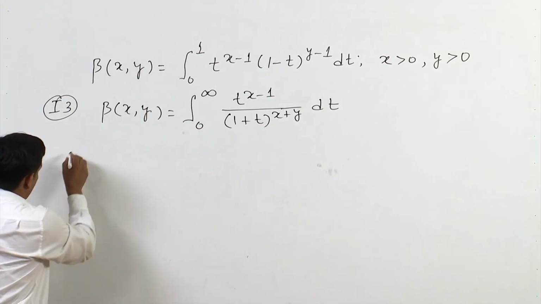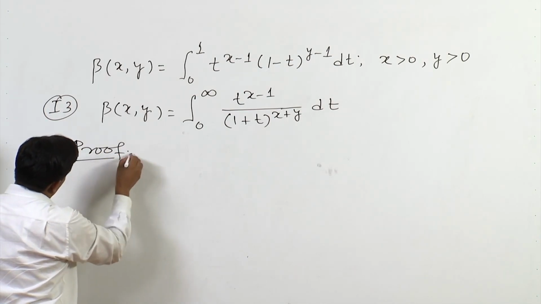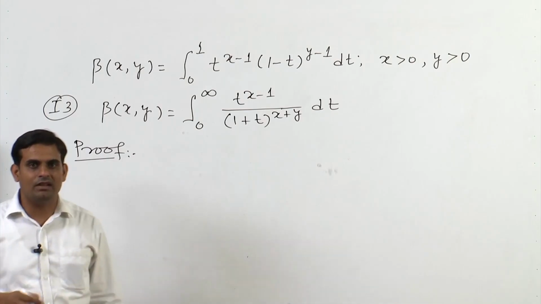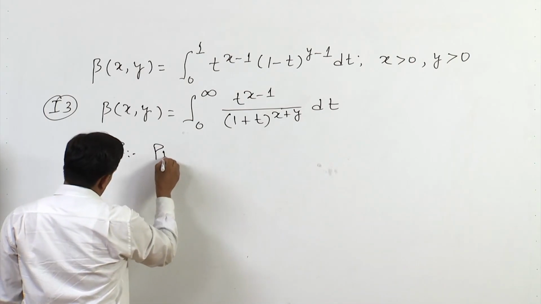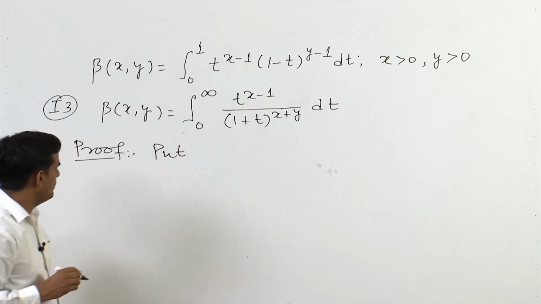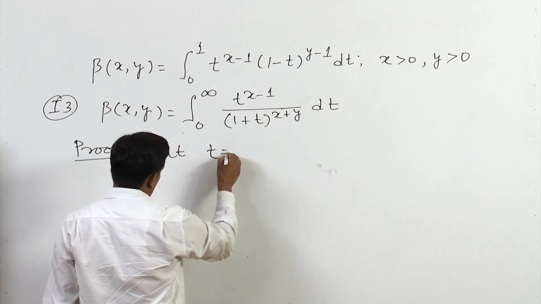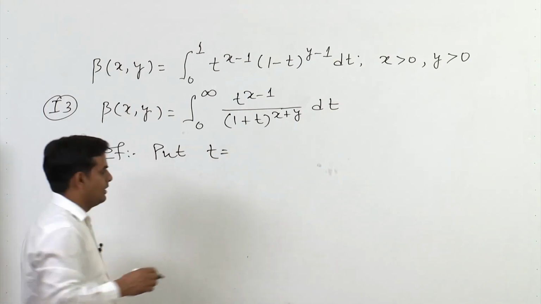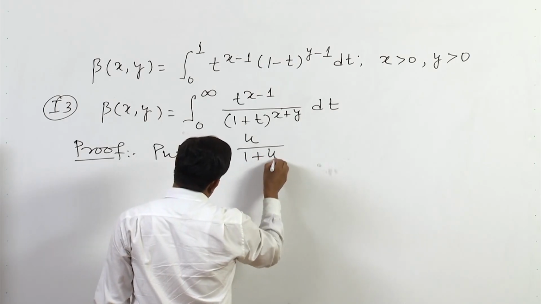So, let us try to get this identity from the definition of beta function. What you do? You make a substitution t equals u upon 1 plus u.